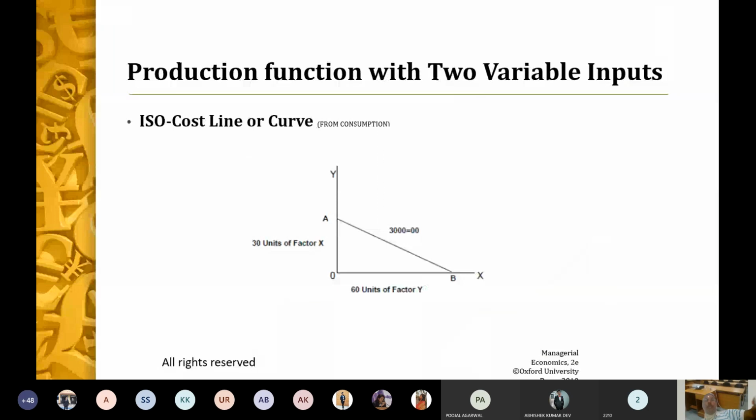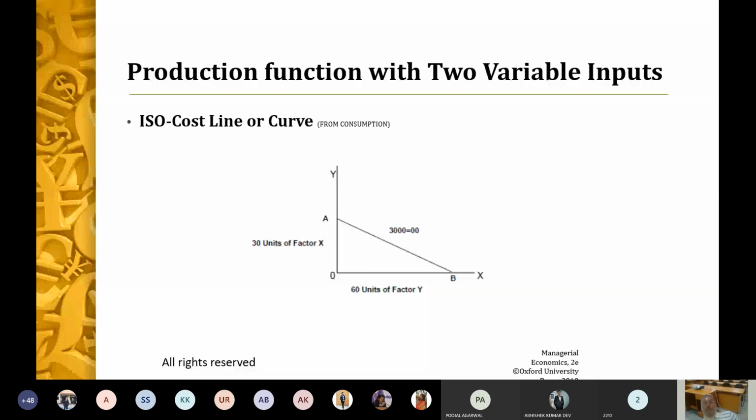Now we move on from isoquants to isocosts. The isocost graph is different from the isoquant. This is a straight line which cuts both the x-axis and the y-axis. On the x and y-axis, we have the units of factors, different combinations.